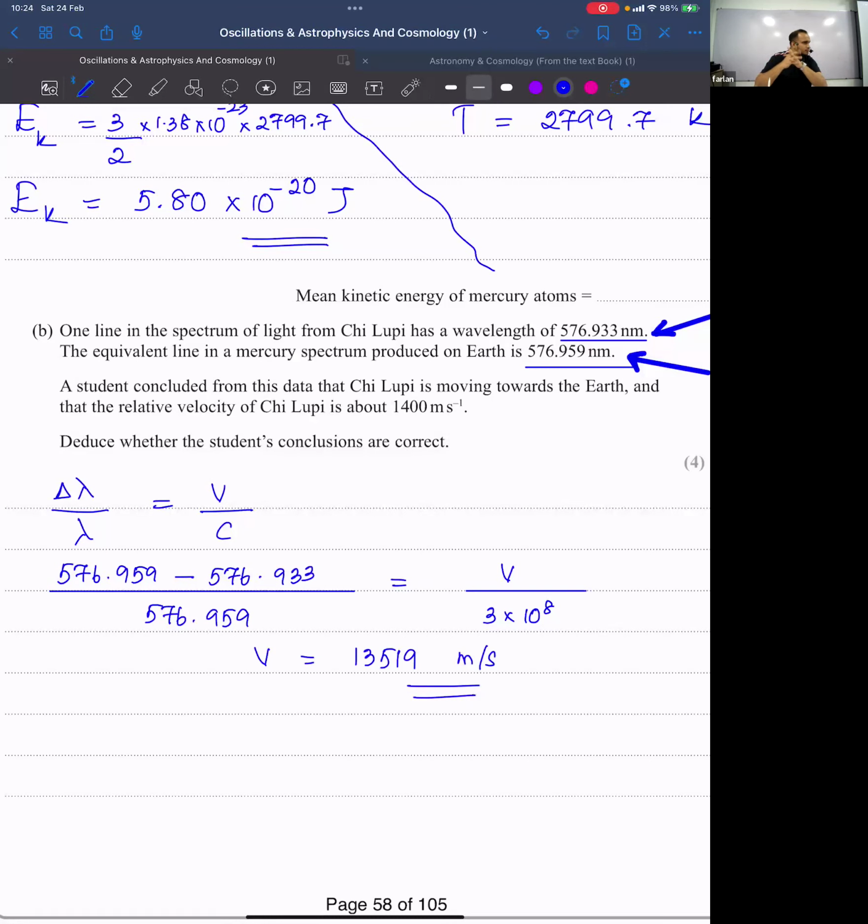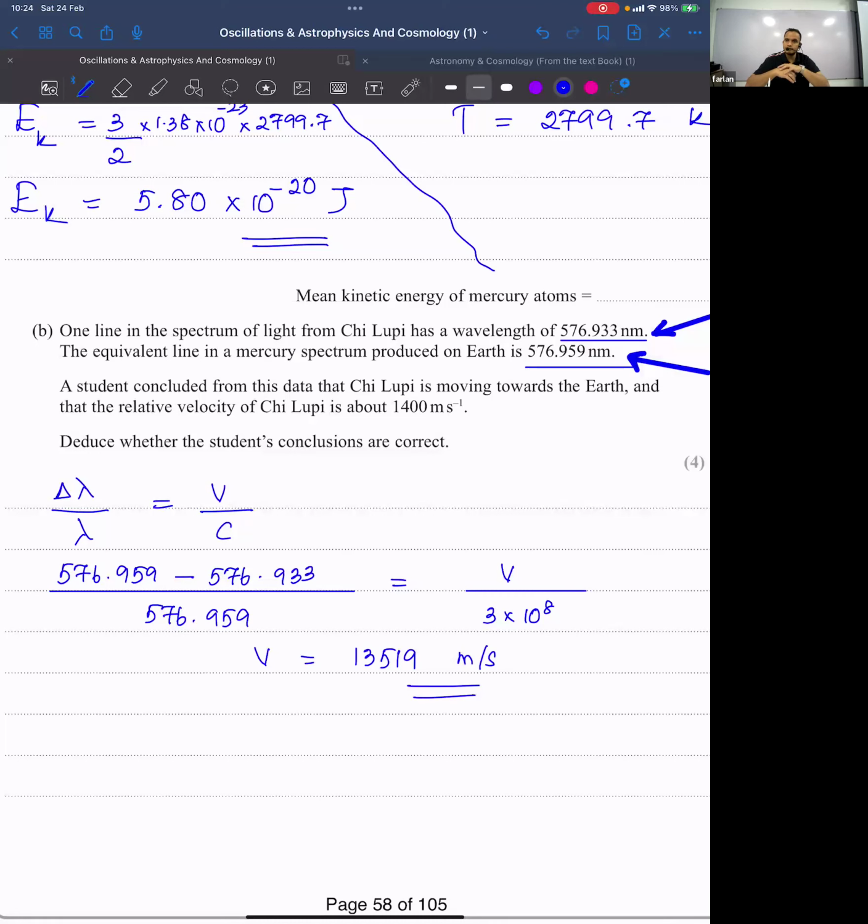Actual. So you have to divide by the actual wavelength, right? But isn't the actual wavelength the lower one? No, there's nothing like that. In this case, the spectrum of the star has a wavelength, and that is the observed one.